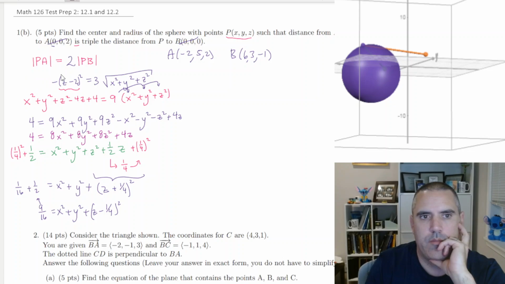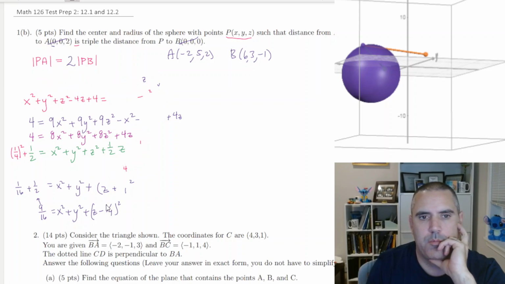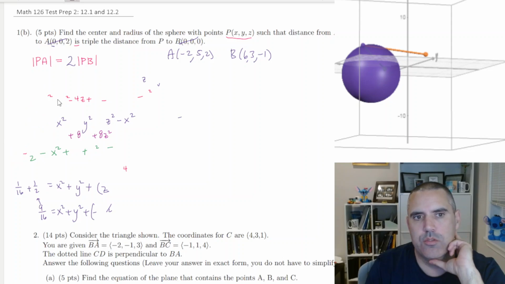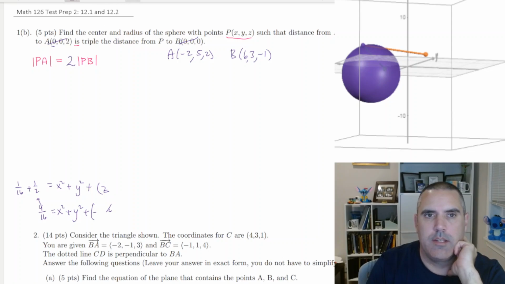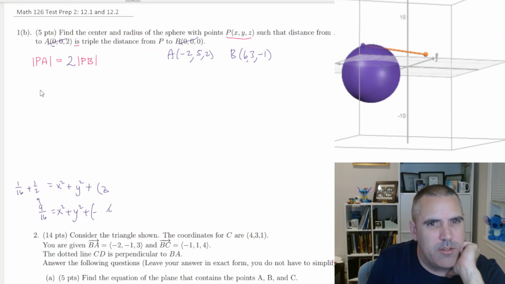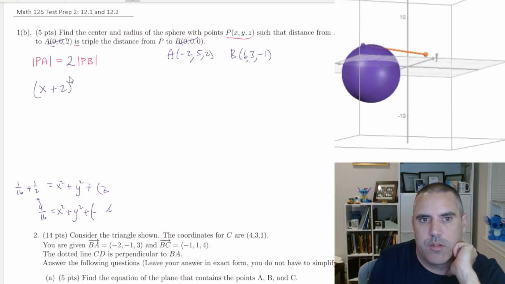Well, let's do it. It's still going to be the exact same approach. It's just going to take a little more care because the numbers aren't nice. And my hope is students can get to a point where they're not completely overwhelmed by a sequence of algebra and arithmetic.